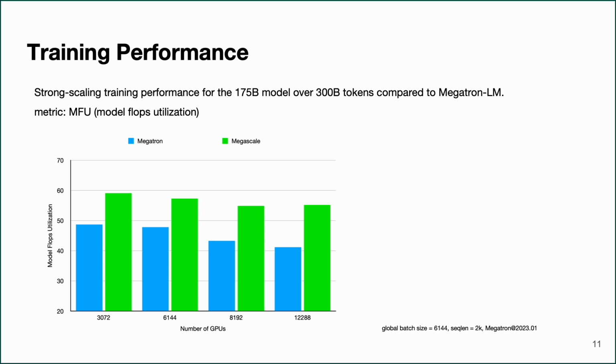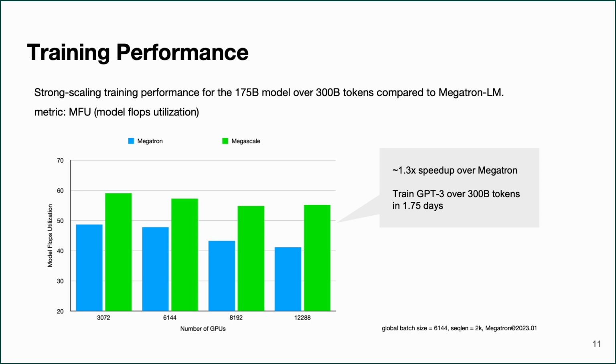We also measure the model training performance with the metric model flop utilization. It has an upper bound of 100%, which means utilizing the full flops of the GPUs. If you look at the MegaScale results, it is actually pretty good with the optimization. It's about 1.3x speedup over the baseline.